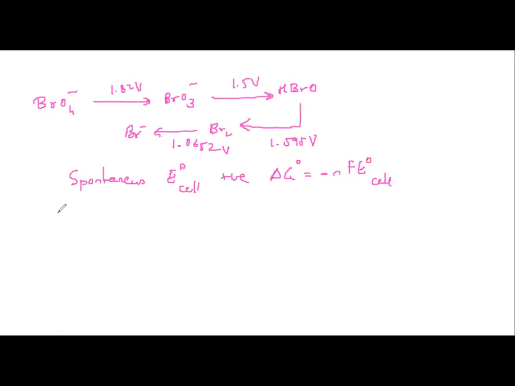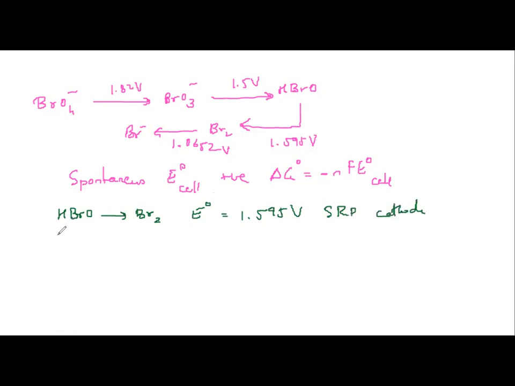If you see here, I'll consider HBrO giving Br2. What value have they given? E0 is equal to 1.595 volts. So this is the standard reduction potential, which occurs at the cathode.